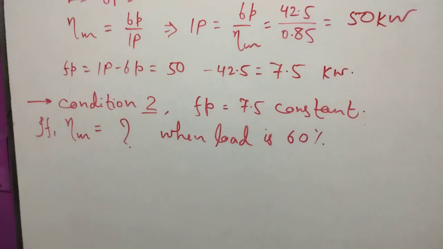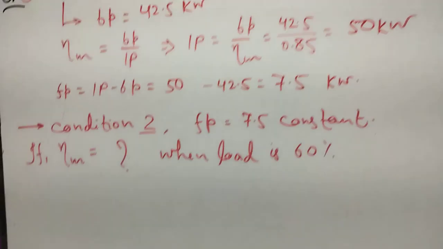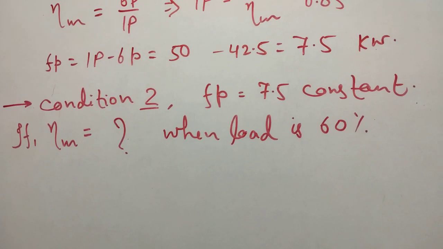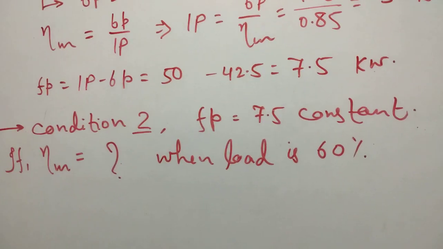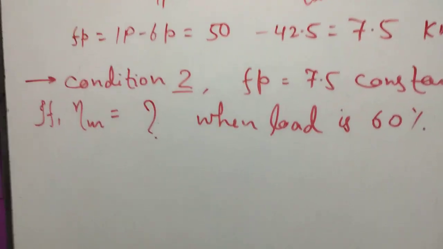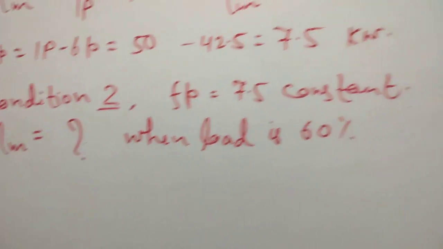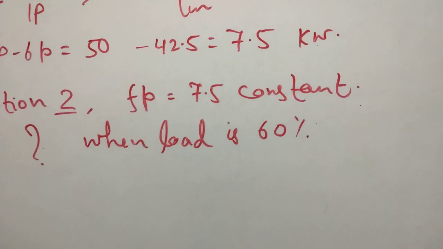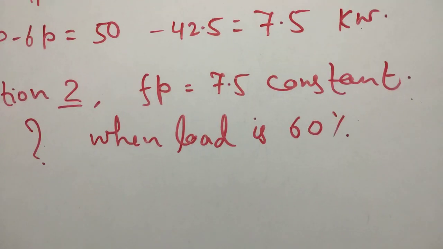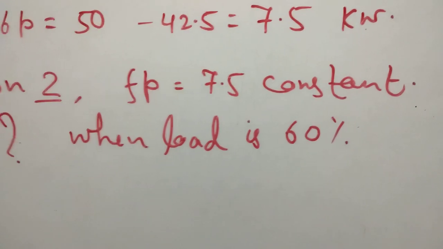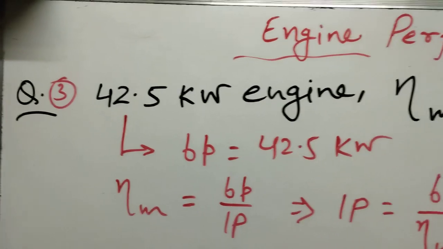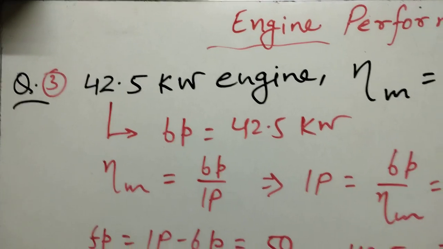The second condition says that frictional power is constant, and find out the mechanical efficiency if the load is 60%. Therefore the load is 60% means the brake power of the engine at this load is only 60%.